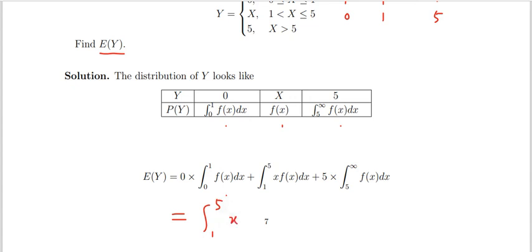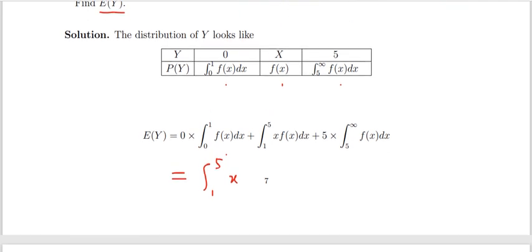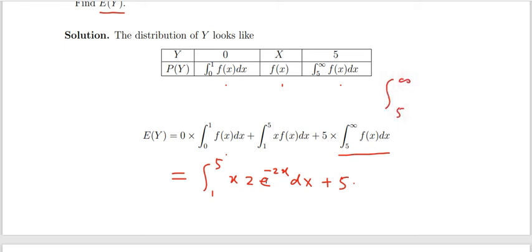So what is fx? fx is 2 to the negative 2x, dx. Plus 5 times this part, which is from 5 to infinity of 2 to the negative 2x, dx. We can use integration to do this.